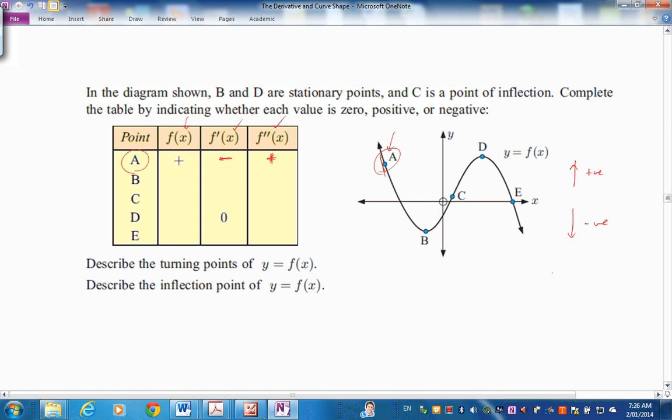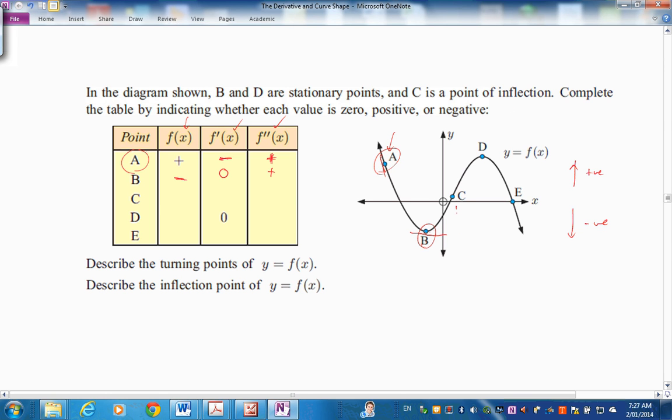Okay, what about point B? The function value is below the axis, so function value negative. F dash x, slope of tangent would be 0. Second derivative here, it's in part of a concave up, still positive. Second derivative will be positive there because f dash x is increasing.